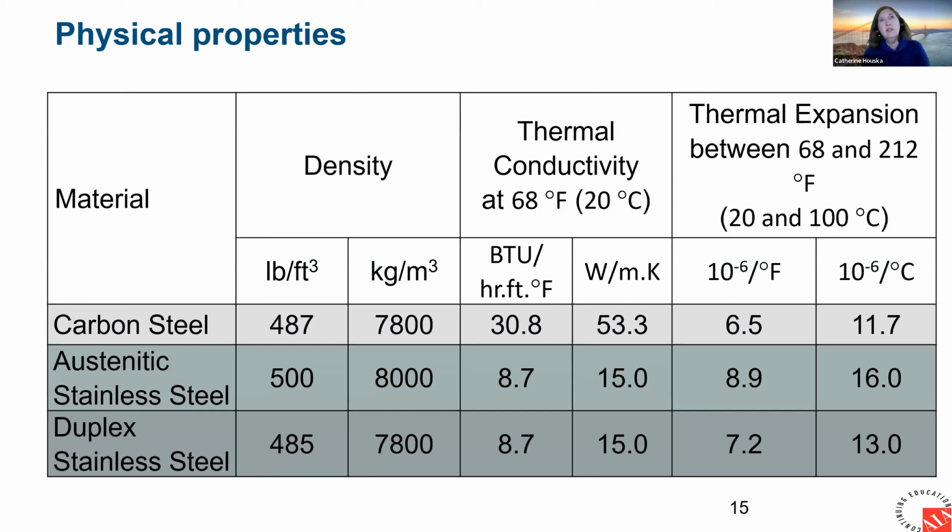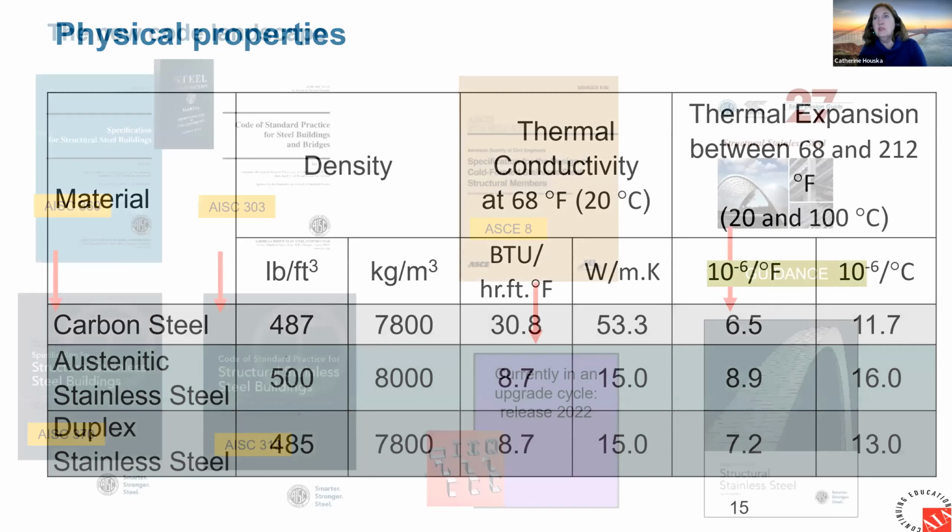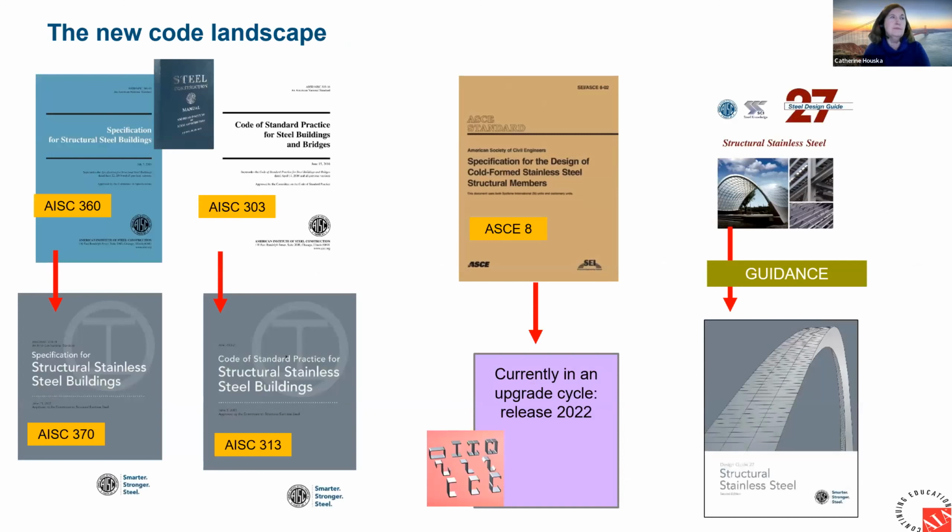The coefficient of thermal expansion for the duplex stainless steels is closer to that of carbon steel. Well, the austenitics are further, actually quite close to that of copper. So you can see that this is something that you also need to consider during design.